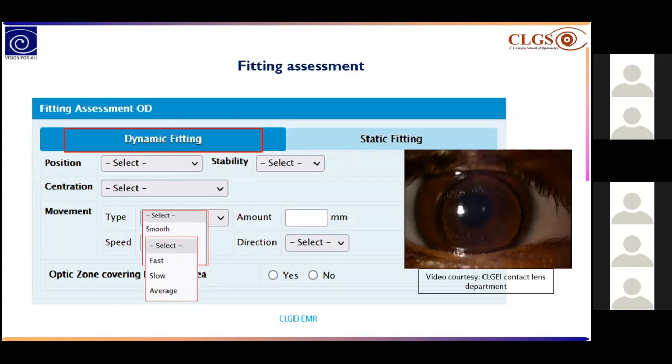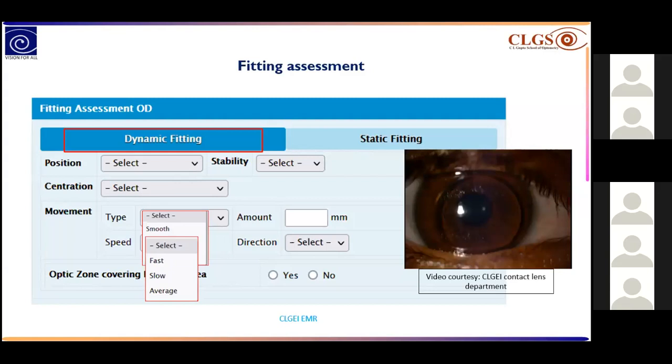Next is speed. If it is fast, it will be considered a flat fit, and if it is slow movement, that will be considered a steep fit.